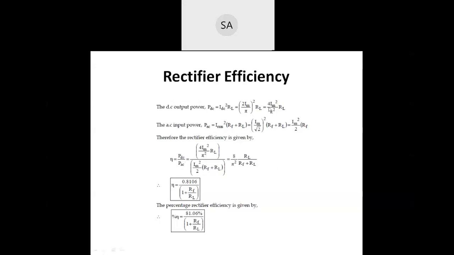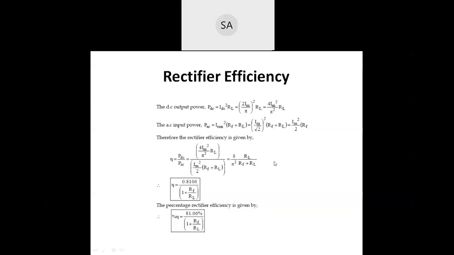So it is 4 Im square by pi square into RL, divided by Im square by 2 into RF plus RL. After simplification, Im square will be cancelled, and the 2 goes to the numerator, so we get 8 by pi square into RL by RF plus RL.